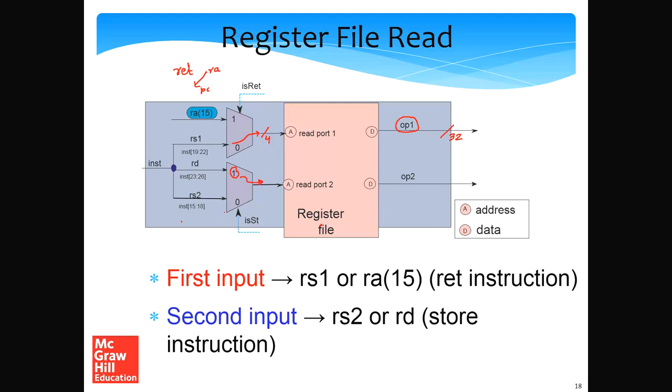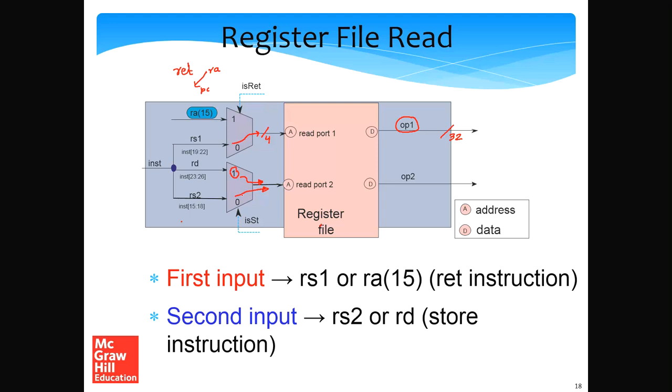If it's not a store instruction, then the input will be the second source register, which is RS2. Mind you, it is always possible that we have only one register source. In this case, we are doing some amount of extra work in producing a junk value, but that is still fine because it's not going to corrupt the output of the instruction itself.